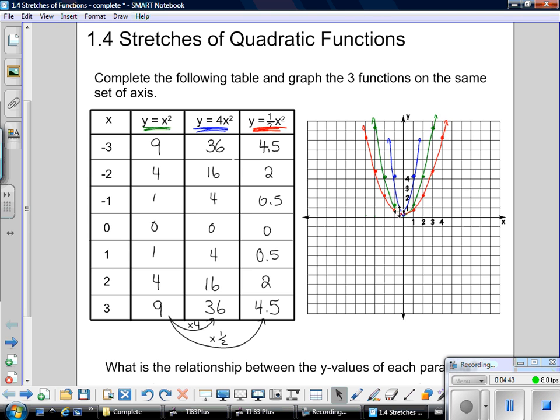When I multiply it by 4, I end up with a skinnier parabola. So in a sense, the numbers are going up faster. And when I multiply it by 1/2, what's happening is it's taking those blue values and cutting them in half. So in a sense, I'm getting a fatter looking parabola, a flatter one. Okay, so it's not going up as fast.